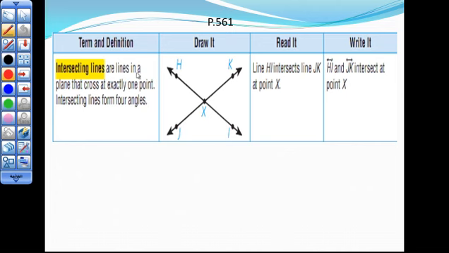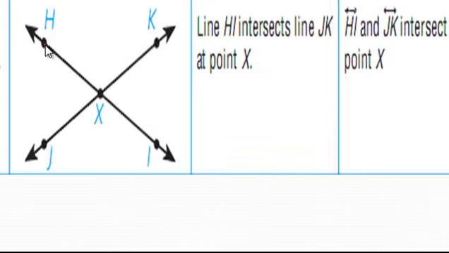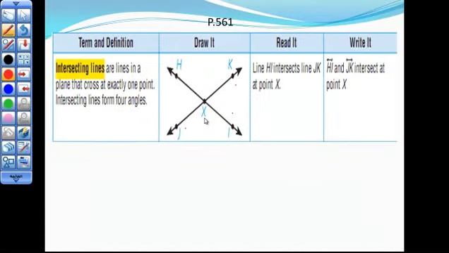Of course, they are intersecting lines. Intersecting lines are lines in a plane that cross at exactly one point. Here, line HJ and line KJ intersect each other at point X.